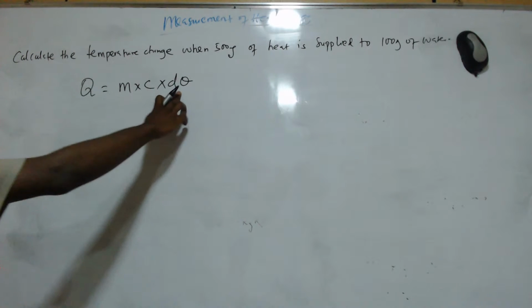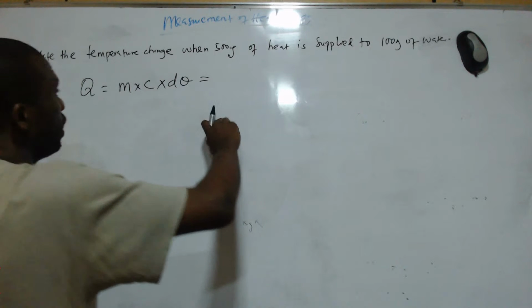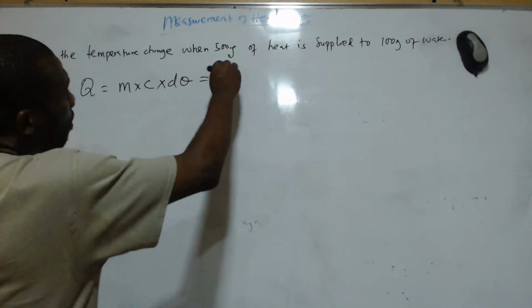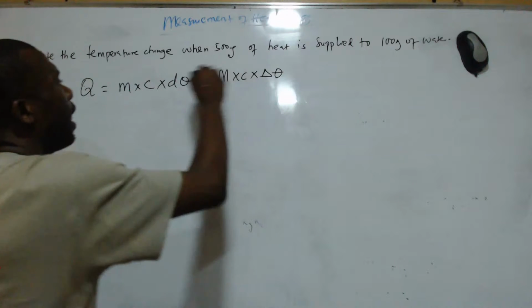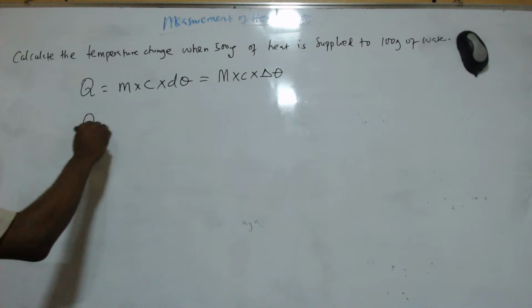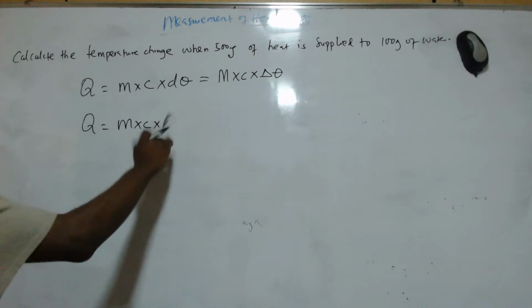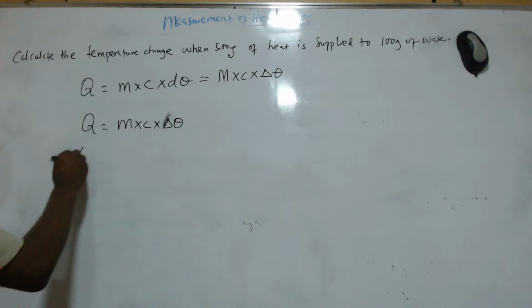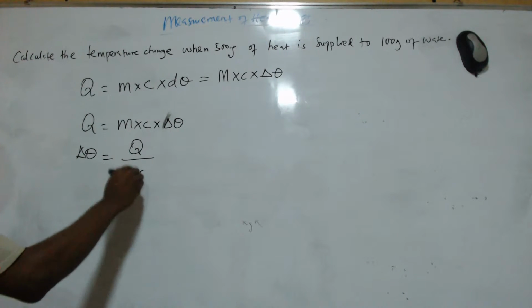This represents change in temperature, or you can say mass times C times delta theta. It means the same thing. So we are told to calculate delta theta. So quantity is equal to M times C times delta theta, so delta theta will be equal to quantity over MC.